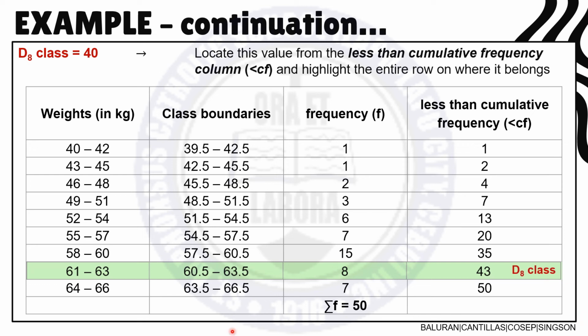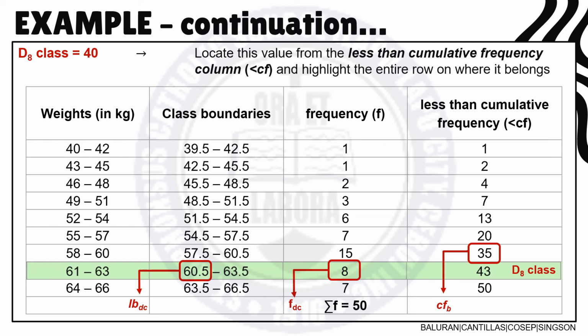Then label the following. 60.5 will be our lower boundary. 35 will be our CF below. And 8 will be our frequency. To find the interval, we will just count starting from 61 to 63.